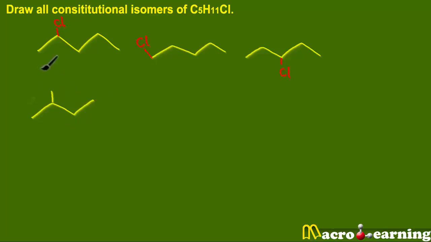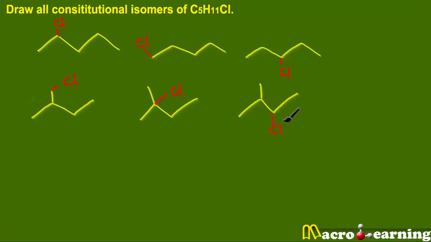Is that right? Okay, so based on that, where can we put the chlorine? It could be, of course, on this carbon. Any other possibility? Yeah, it could be on this carbon. And anything else? Let's see. Yeah, it could be this carbon.